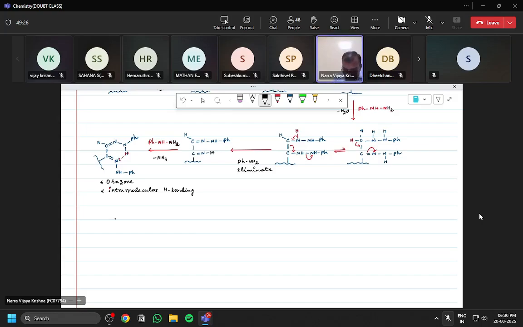So therefore, based upon all these reactions, the glucose structure can be given as: presence of one aldehyde group on the top, right? Remaining carbons are having H, OH groups 1, 2, 3, 4, 5, and one more CH2OH group at the end.